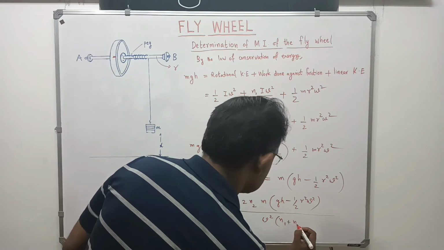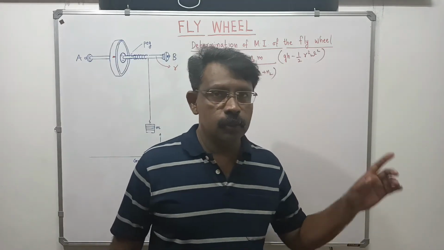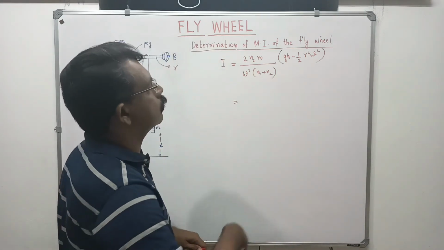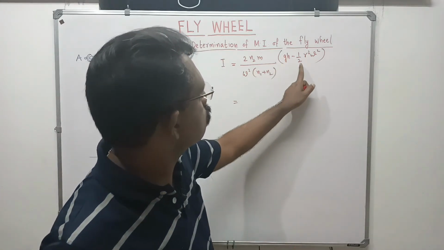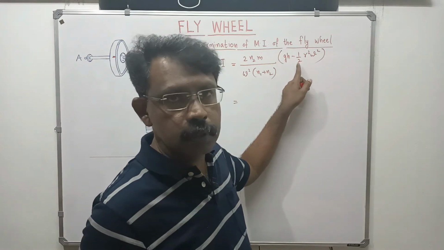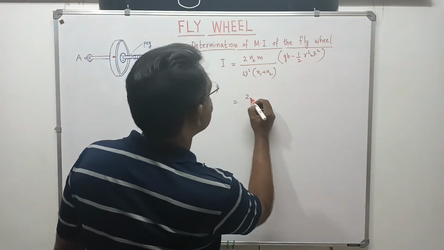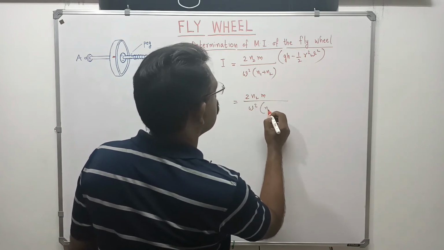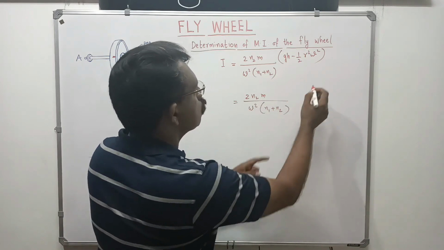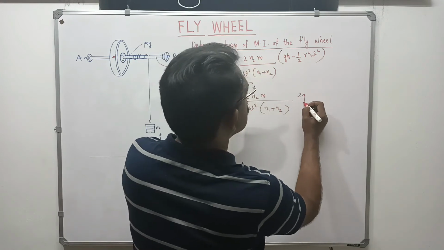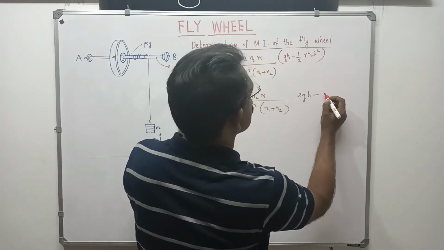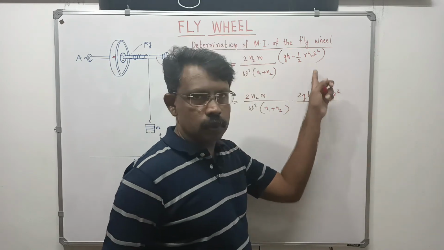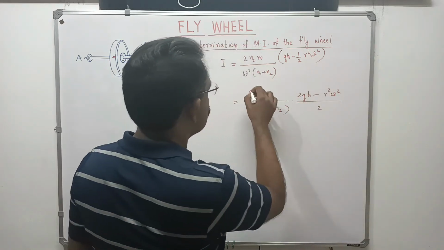So rewriting that equation, we take the LCM and multiply. That will be 2 n2 m by omega squared into n1 plus n2, into 2gh minus r squared omega squared, the whole divided by 2. Now 2 and 2 get cancelled.